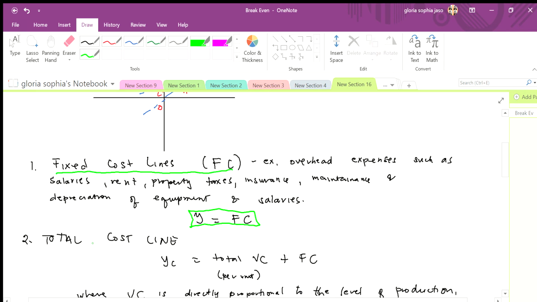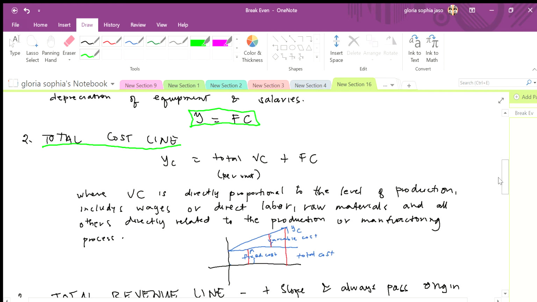And then next is the total cost line. So the total cost line, the slope is upward to the right, or the slope is positive, with its y-intercept equal to the fixed cost.